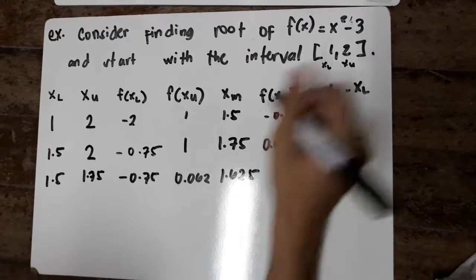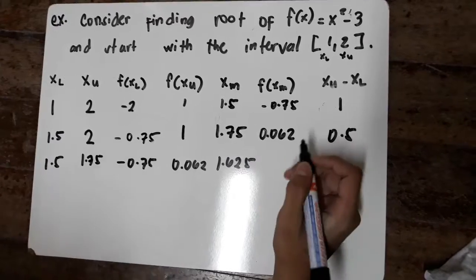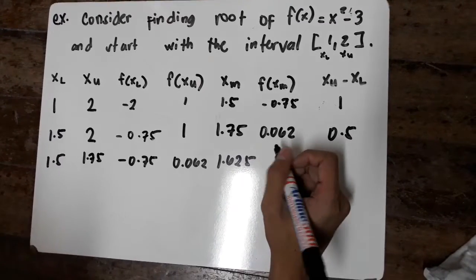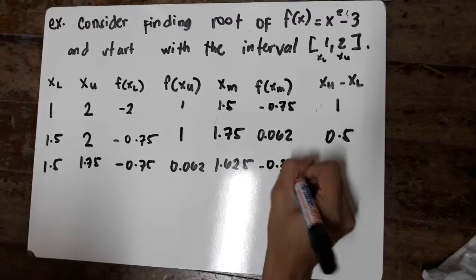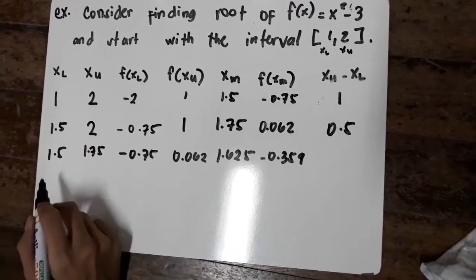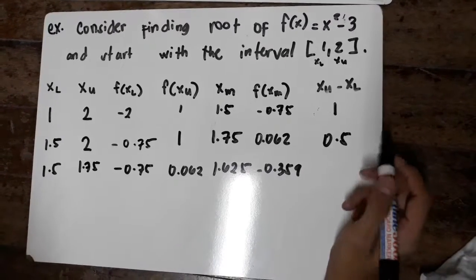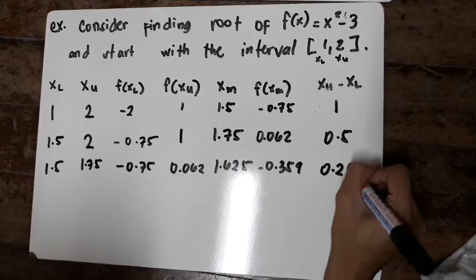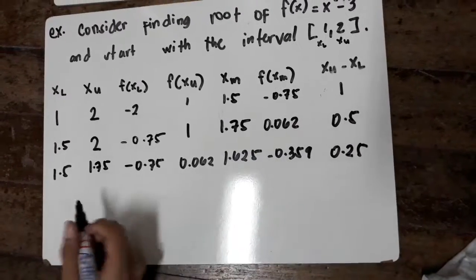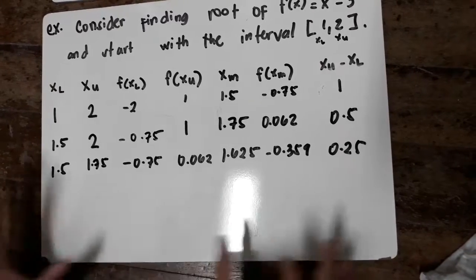Again, when we substitute the value of 1.625 into the equation, we have the new value of negative 0.359. Then 1.75 minus 1.5 is equal to 0.25. So that's how the table works.